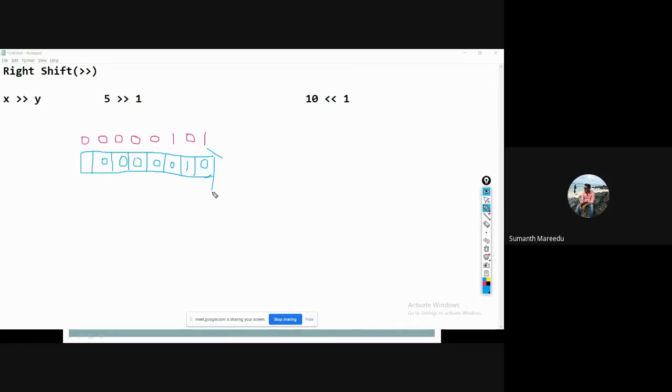When moving towards the right side, I get a vacant position on the leftmost, which is filled with 0. Now convert this binary value into its decimal equivalent. What is the decimal equivalent? Yes, it is 2.